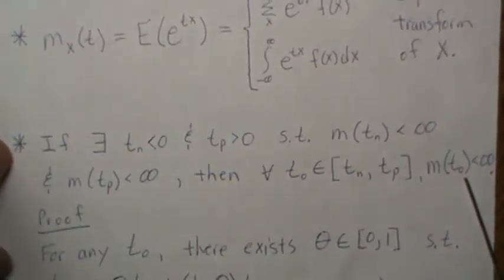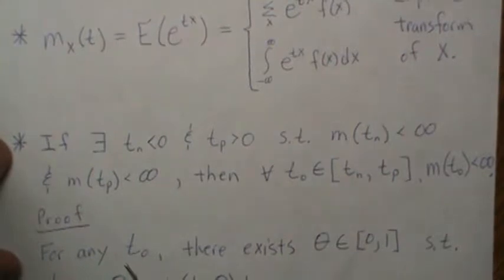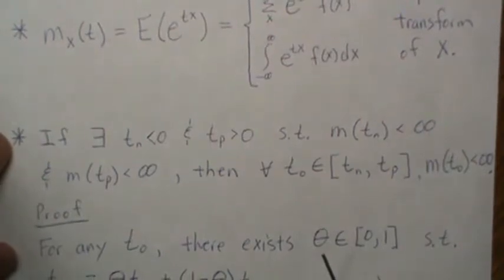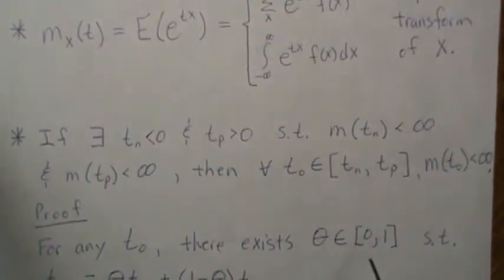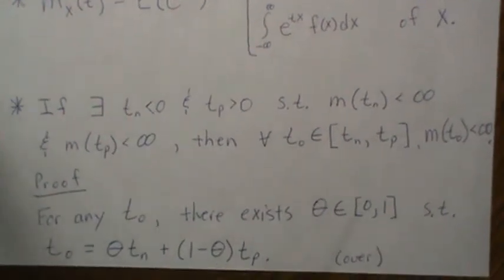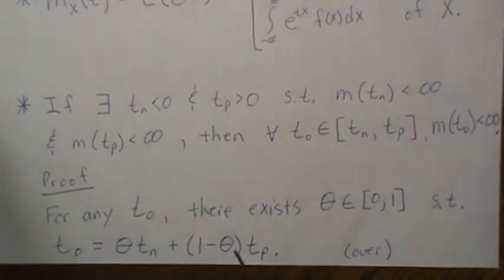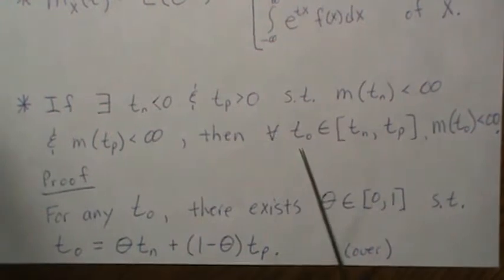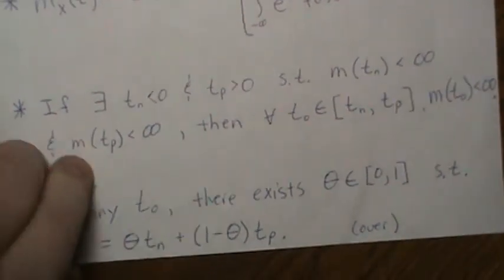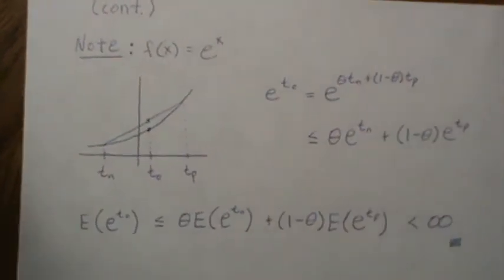And let's do a proof here. For any t_0 in this interval, we can find a theta between 0 and 1 such that a linear combination of these endpoints is t_0.